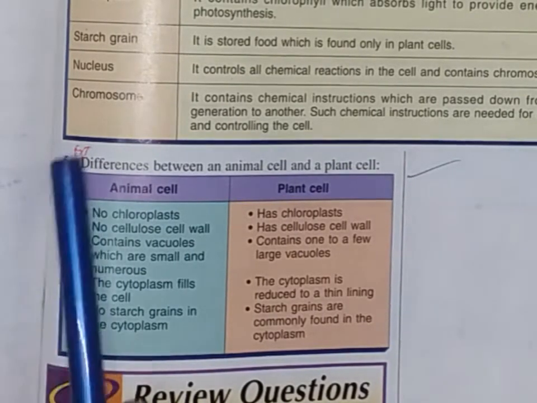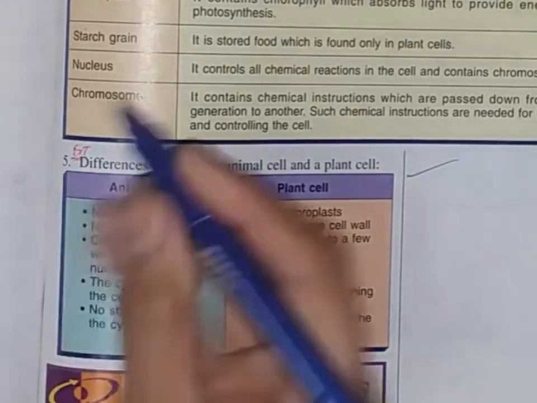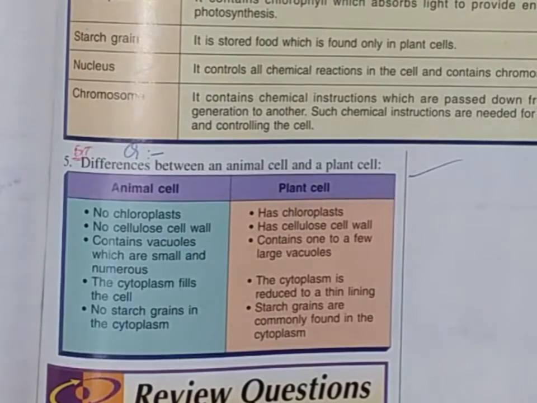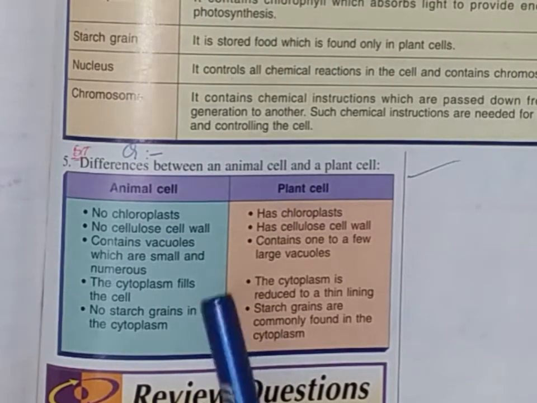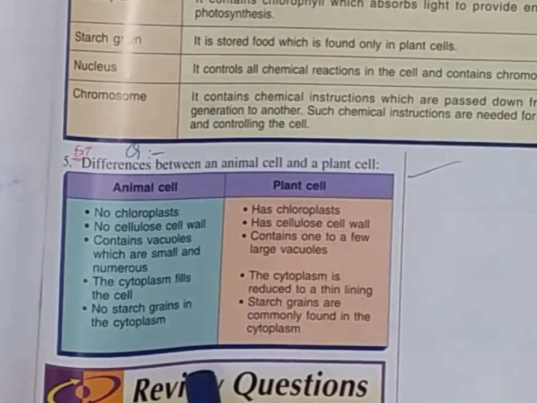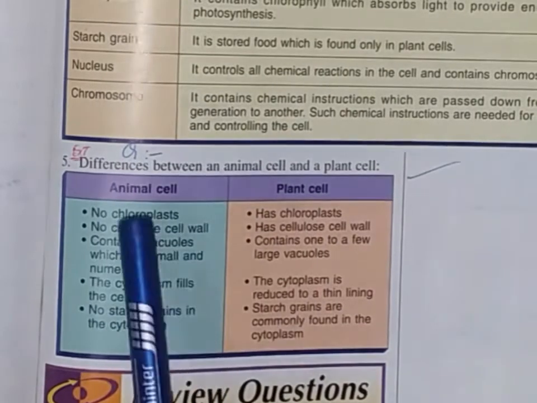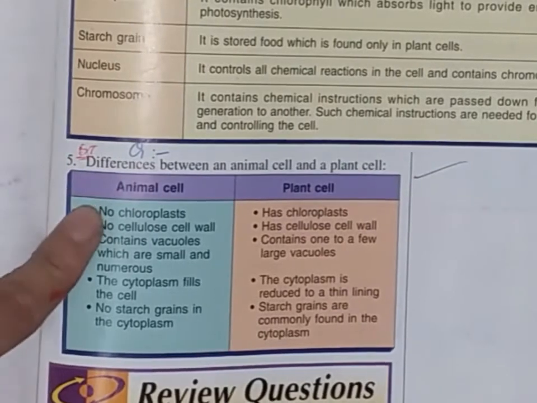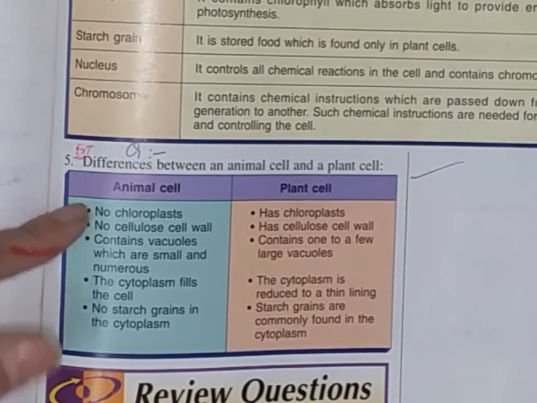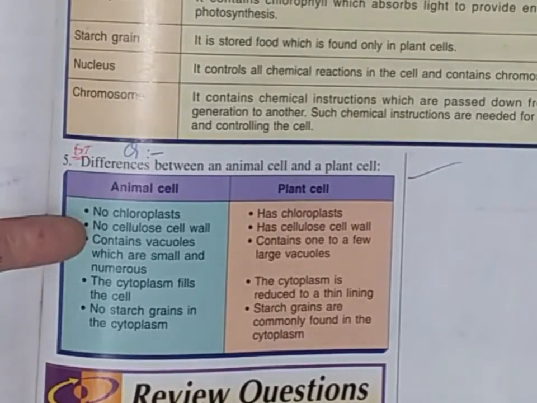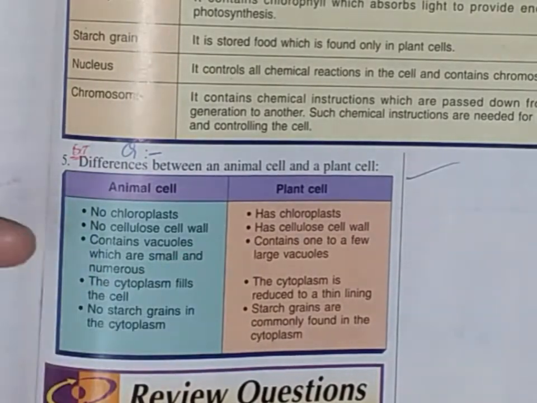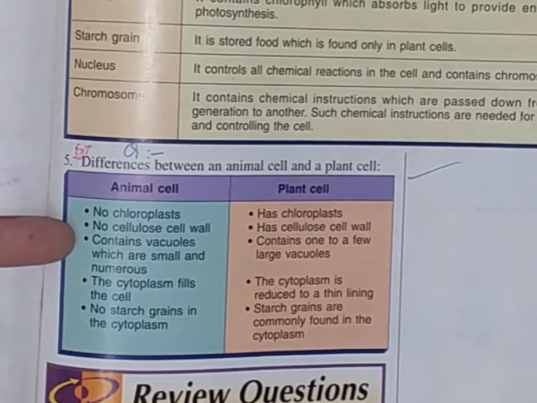Students, write down the question here: write down the difference between an animal cell and the plant cell. To answer this question, draw a line down the middle of the page, with animal cell and plant cell on either side. In animal cell, no chloroplast, as I already told you that in animal cell chloroplast is not present, and a plant cell has chloroplast. Number second, no cellulose cell wall.